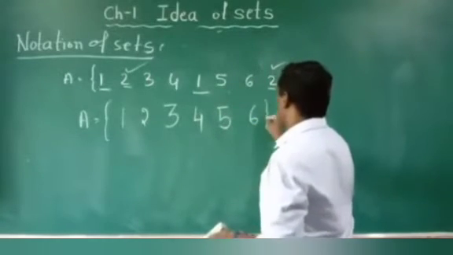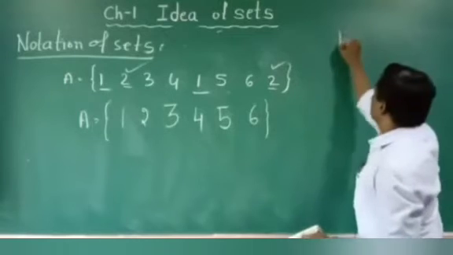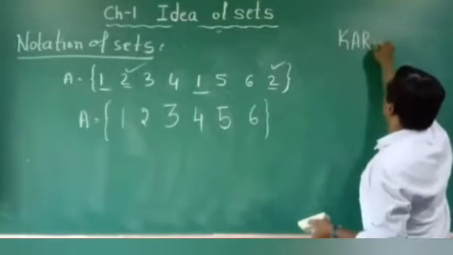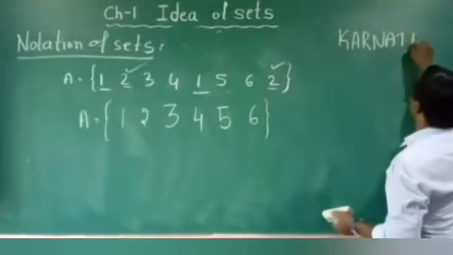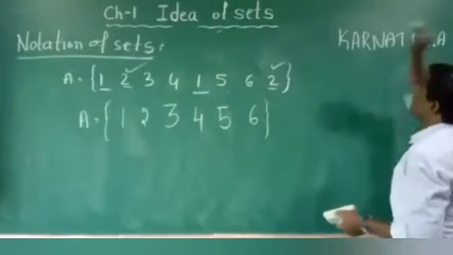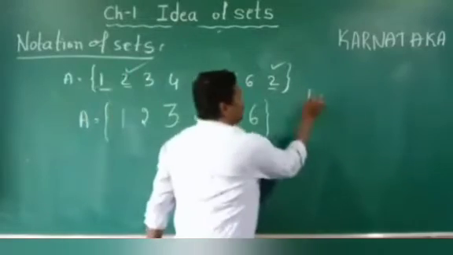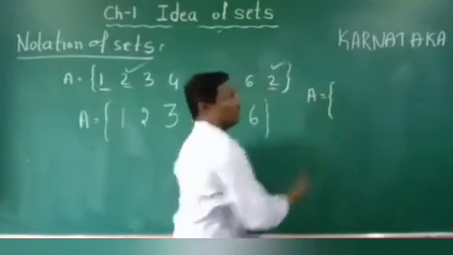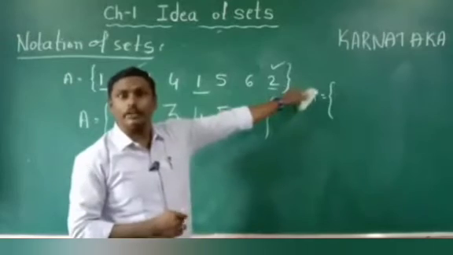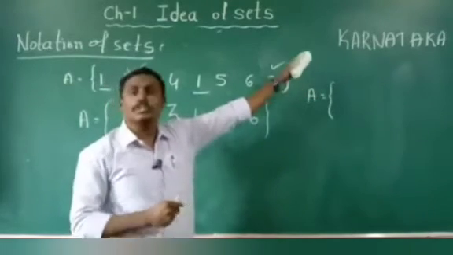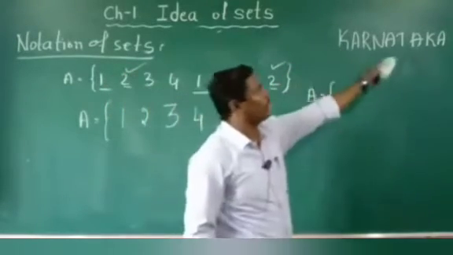6, non-repeated number. So how can you write the word Karnataka in a set? Just take A as the set. You need to write the letters which exist in the word Karnataka.